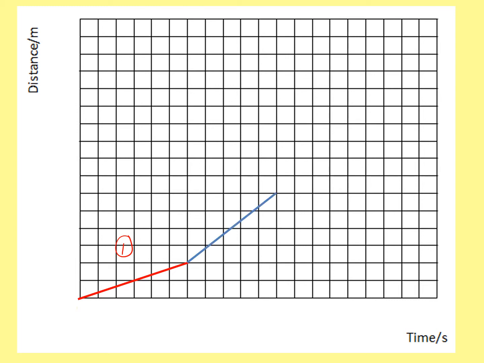Section 2 here. Let's find a blue. If I compare section 1 and section 2, I would say that section 2 is moving faster than section 1. It's the same object, but in section 2 it's moving faster. I know that because the gradient is steeper, the line is steeper. There are more meters being covered per second than there were before.